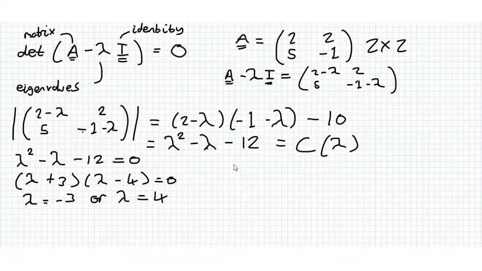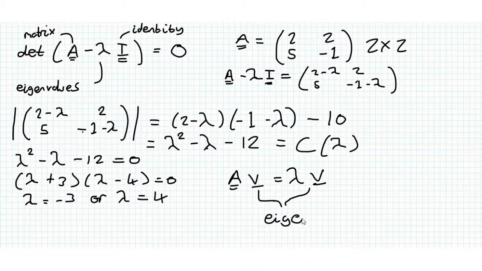Anyway, in the next video we're going to look at eigenvectors, so we'll quickly just see what defines an eigenvector, and then in the next video we'll find the eigenvectors for this matrix. So if we do A times some vector V and it's equal to lambda multiplied by vector V, then V, and both these V's are identical, is called the eigenvector.